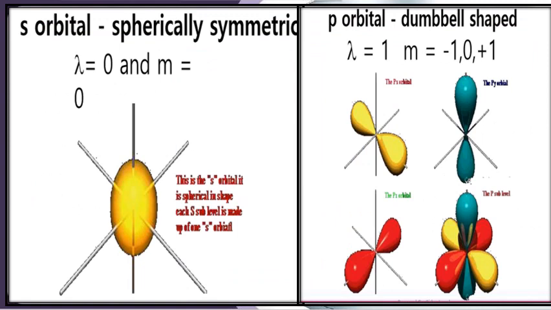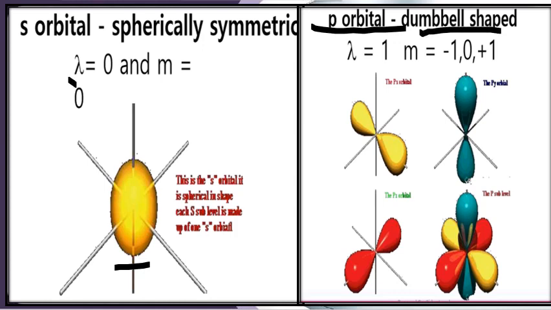Now here you can see the shape of the s orbital given in three-dimensional space. Here it is a spherical one, where the probability of finding the electron is the same everywhere on all three axes. It is spherically symmetrical.